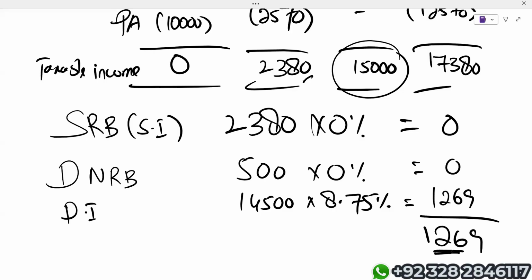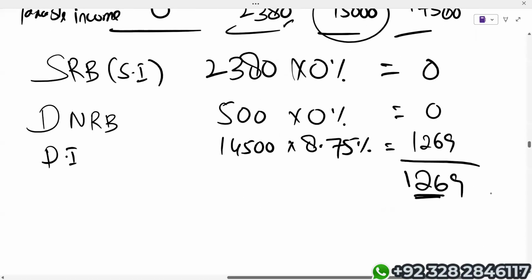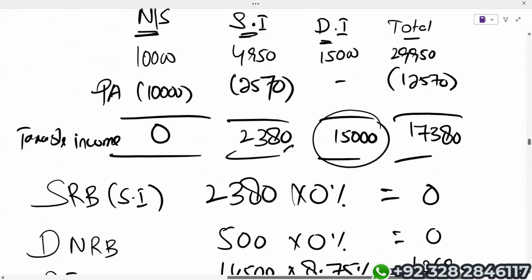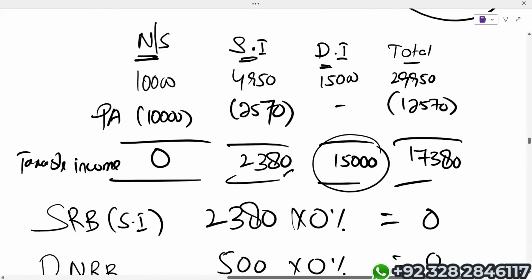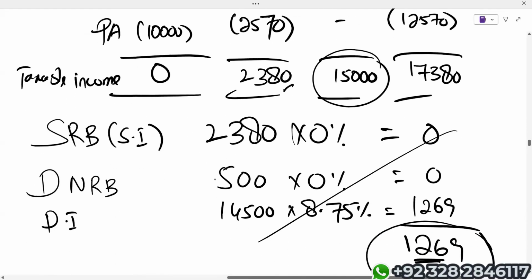Look at this. We are getting income tax liability of 1,269, and here we were getting how much? 1044. So if you do not follow what HMRC says in a different situation, you will end up paying more income tax, plus you will be losing marks in the exam as well. That is why this approach is not acceptable.